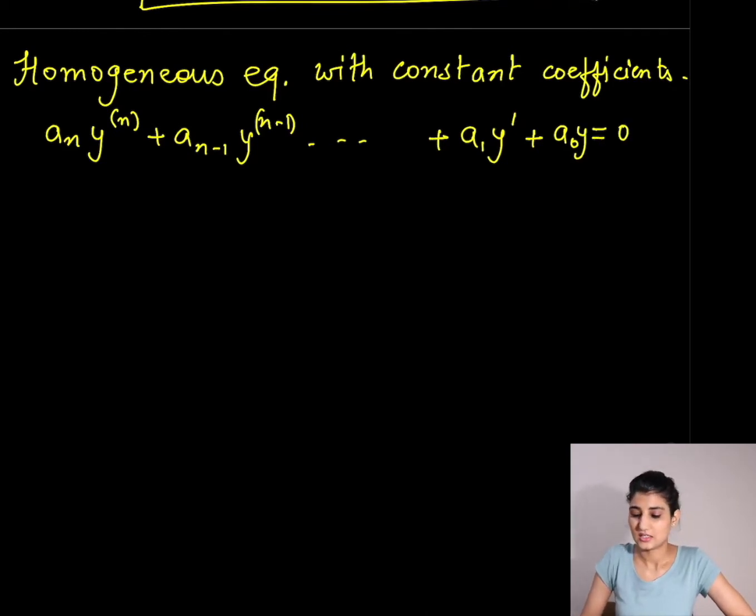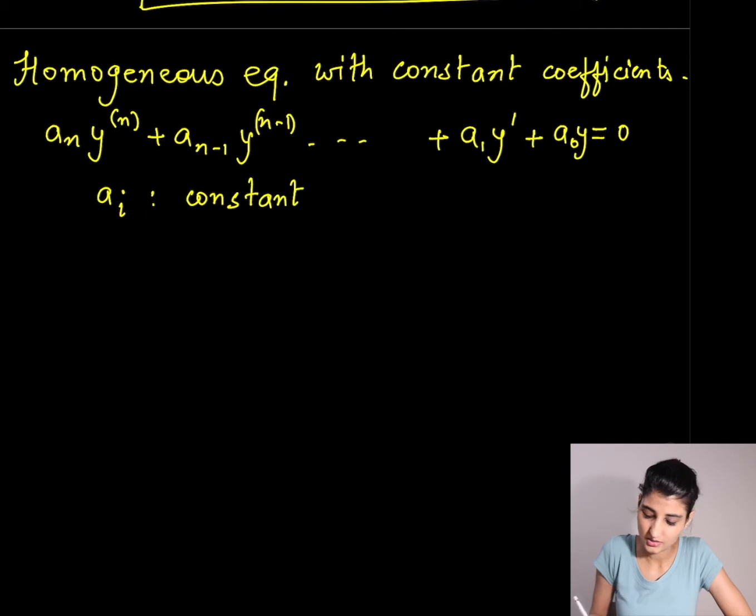This is the homogeneous equation with constant coefficients, where we are saying the ai's are constant for i between 0 and n.